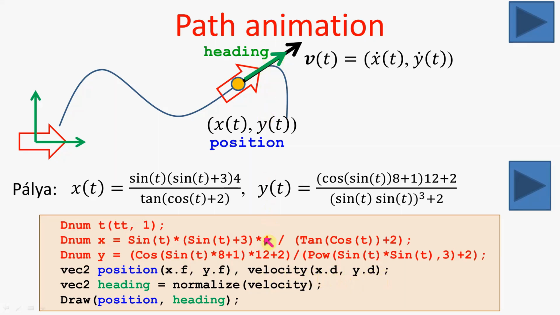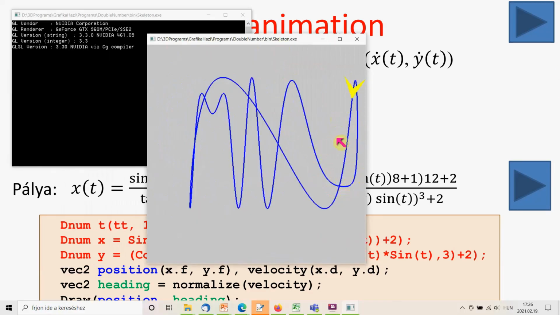The heading direction is just the normalized version of the velocity vector, and knowing where we are and what the heading direction is, the object can be drawn with its right position and orientation. The result is here.